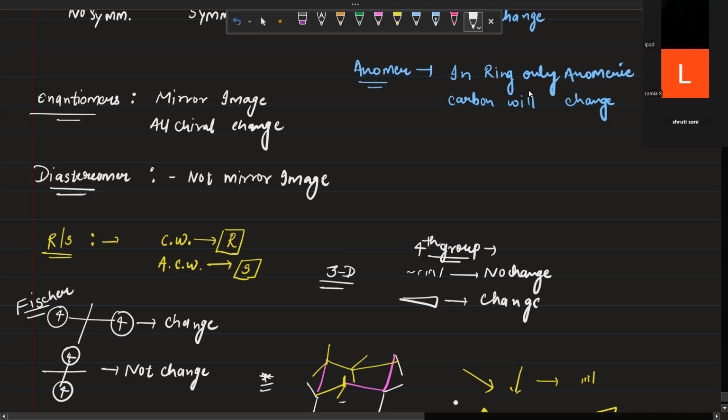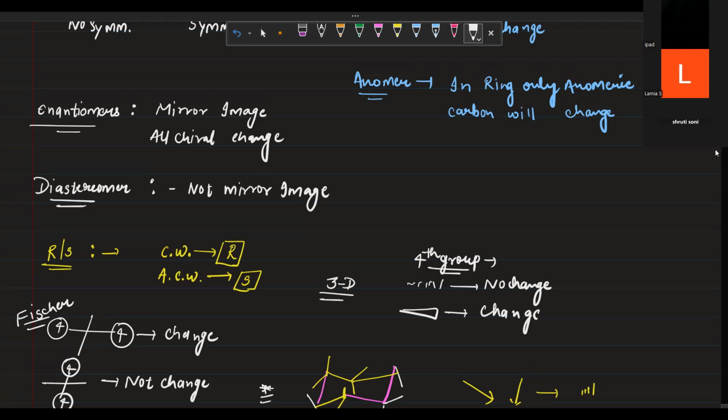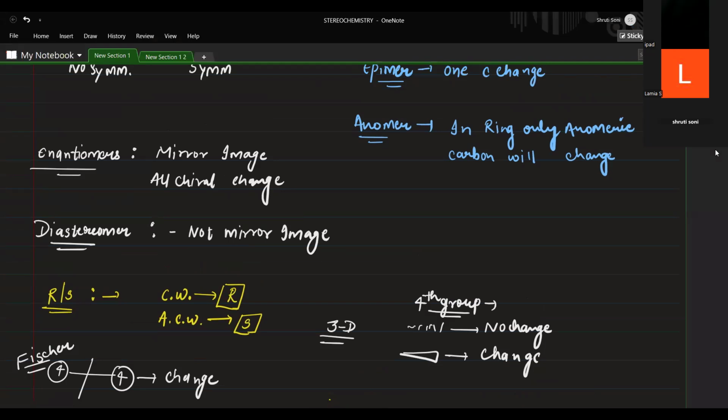If you know nucleophile, electrophile, electron withdrawing group and donating group, okay.